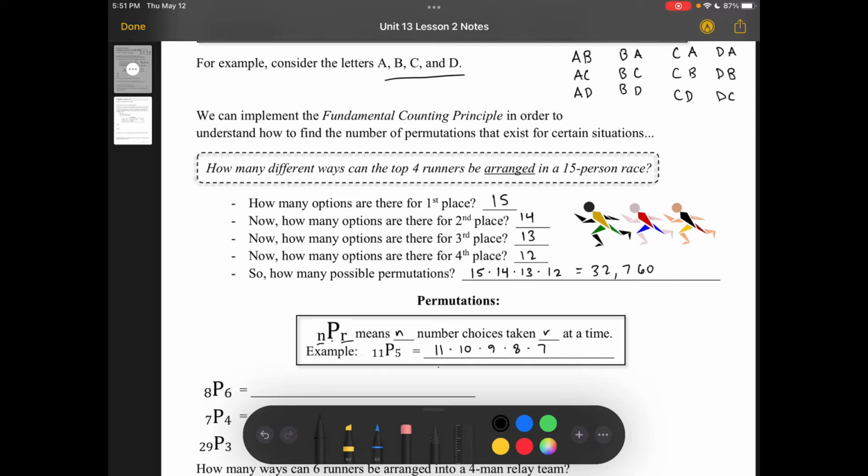So there's 5 numbers that I went through. I'm going to get a big number as well, 55,440. And that's the permutation of 11 choose 5.